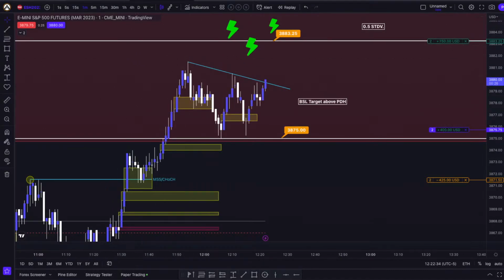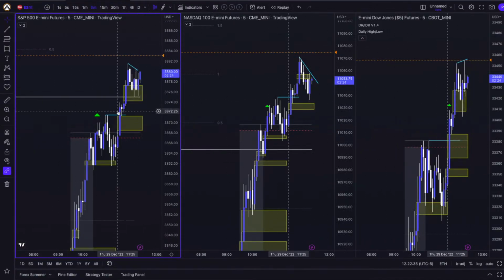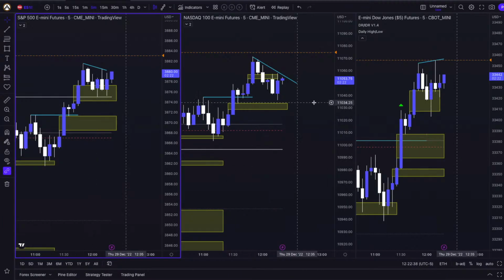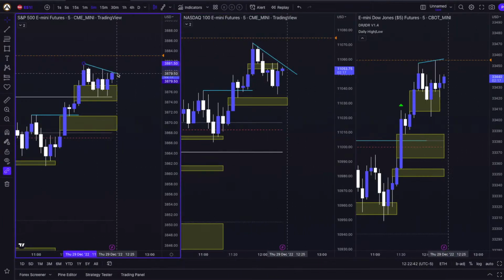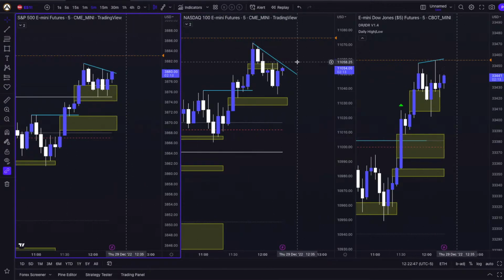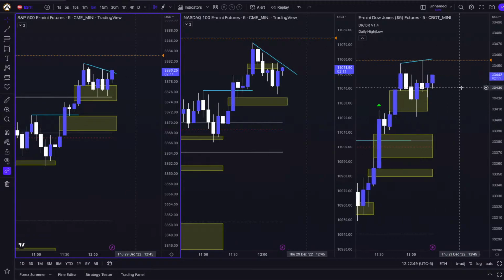All right, let's switch over to our future contract comparison. We see we are forming lower highs right here still. Let's see if we can break this short-term trend line right up here.